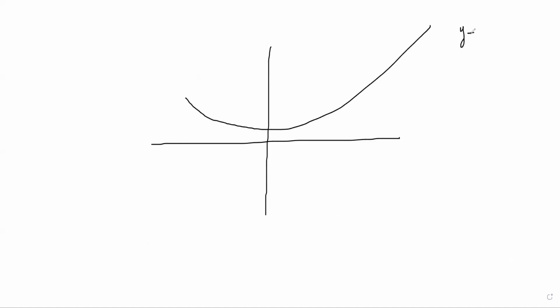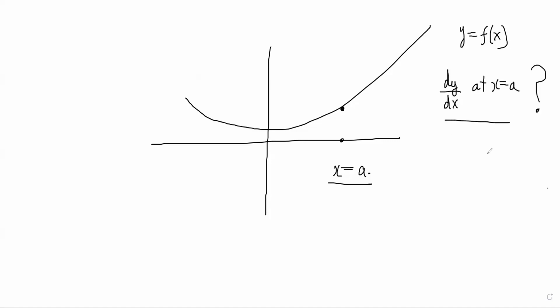So let's say we have y is equal to f of x. Now I want the derivative of the function at the point x is equal to a, let's say, right? So when I say I want the derivative dy by dx at x is equal to a, this is my question. What does this mean?